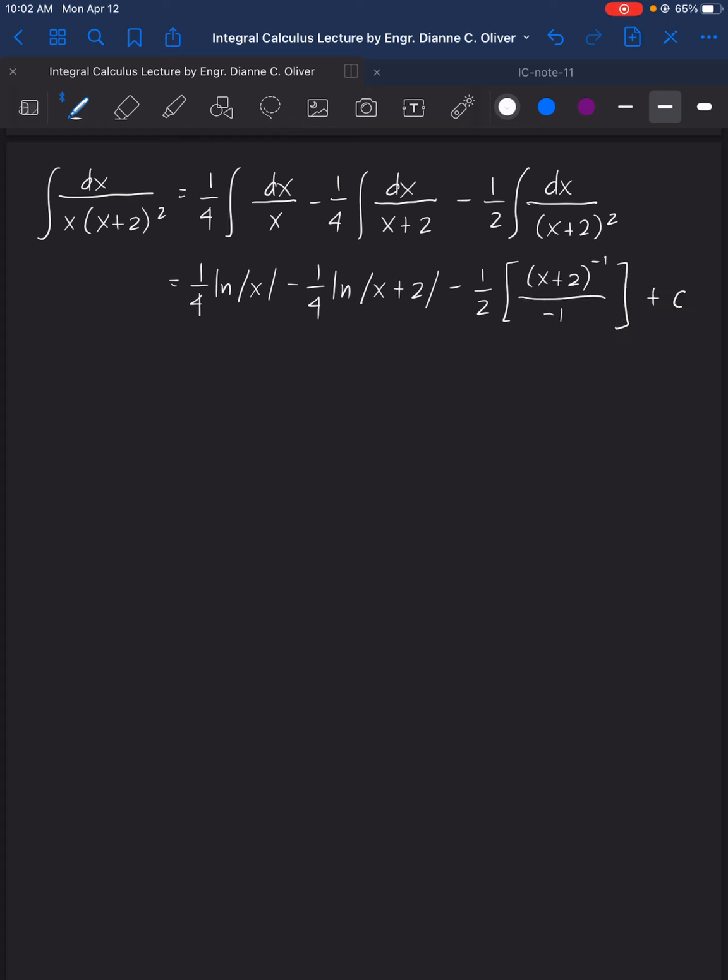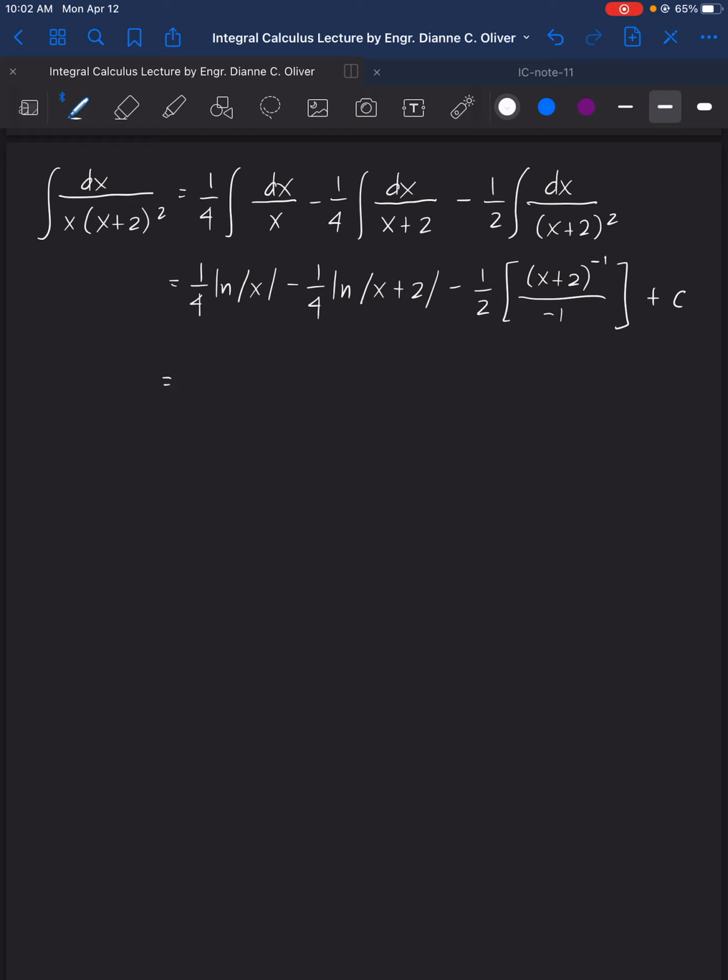Then let's solve that one by one. So this becomes 1/4 ln of x minus 1/4 ln of x plus 2 minus, this is 1/2. Then we will use the power rule here. So x plus 2 is actually raised to negative 2 plus 1, so negative 1 all over negative 1, plus c.